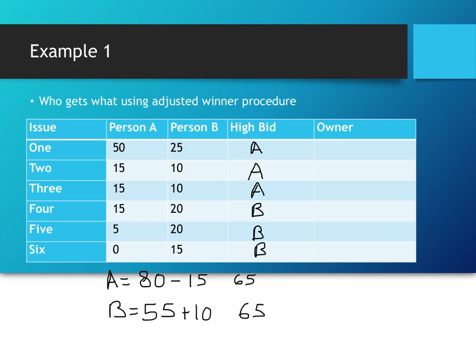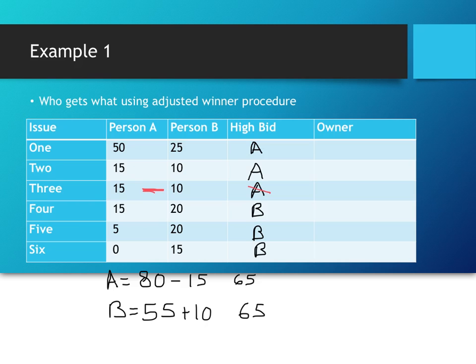Now, this is kind of arbitrary. Usually, if there are 2 items, like 2 and 3, you'll ask A which one do you want to give up? And A will say, well, I'd rather give up 3 than 2. So let's pretend A gives up 3 instead of 2.